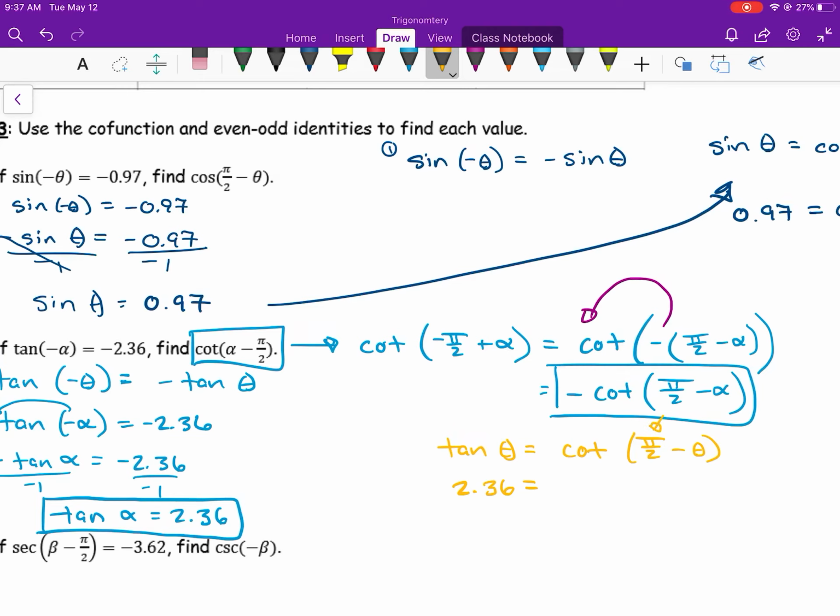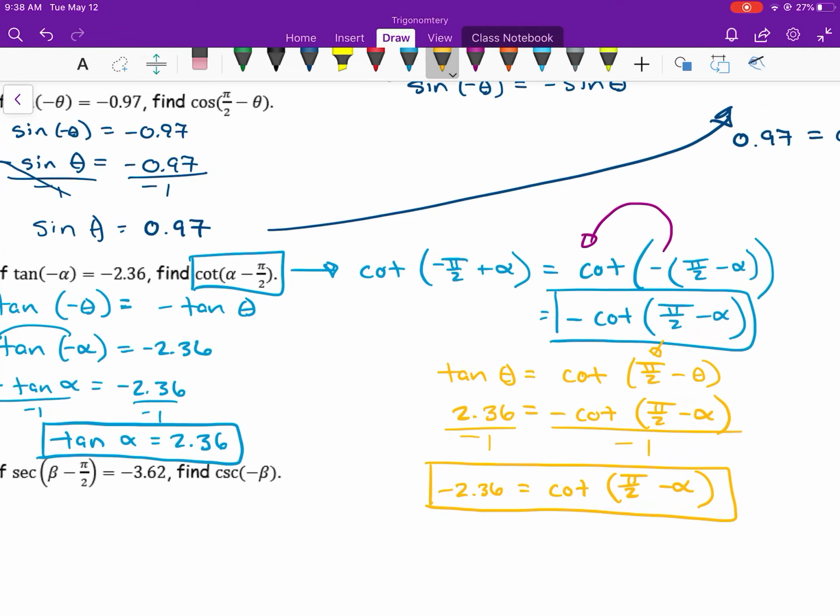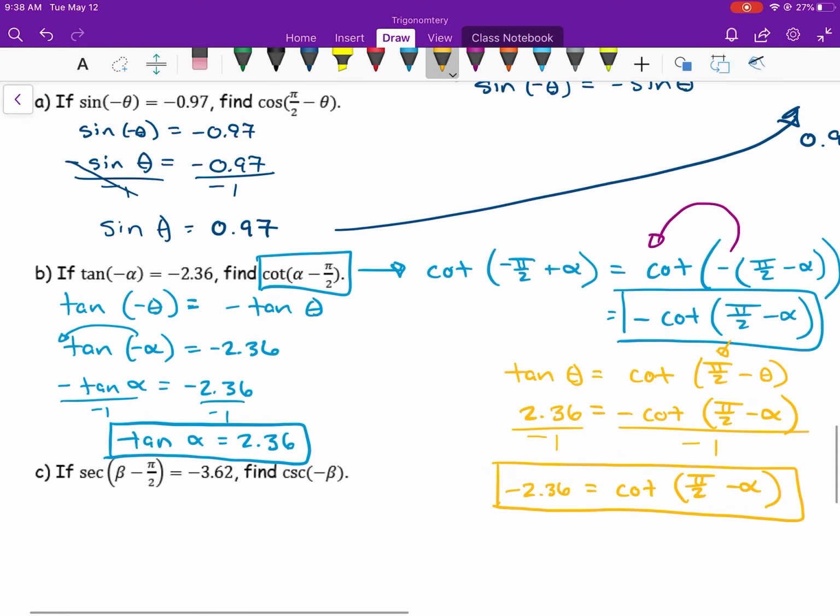And then I have this part right here that will get subbed in: negative cotangent of pi over 2 minus alpha. I need this to be a positive cotangent, so I'll divide by negative 1. So negative 2.36 is equal to cotangent of pi over 2 minus alpha. Final answer.